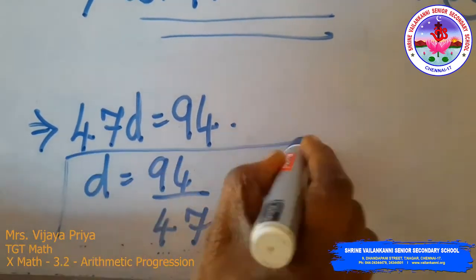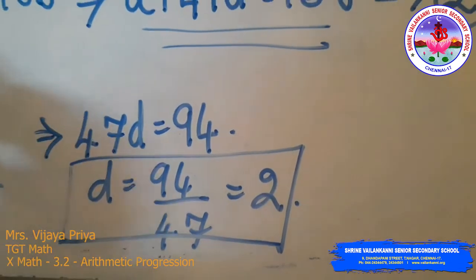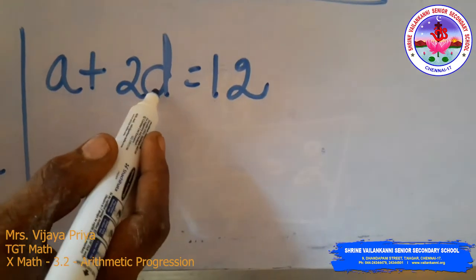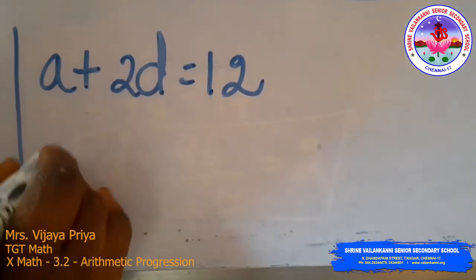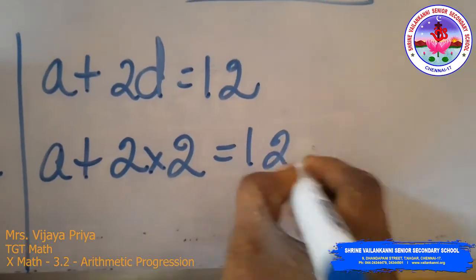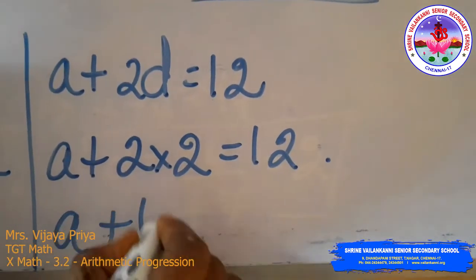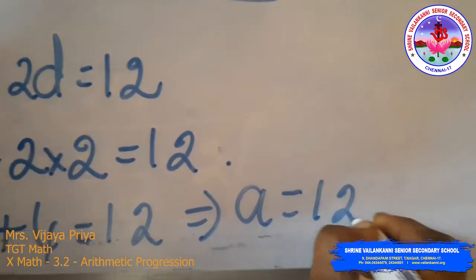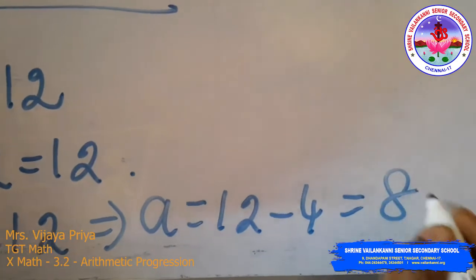Substituting D is equal to 2 in equation 1, I get A plus 2 into 2, which is equal to 12. So A plus 4 is equal to 12, which implies A is equal to 12 minus 4, which is equal to 8.